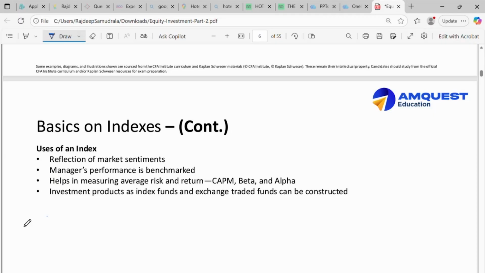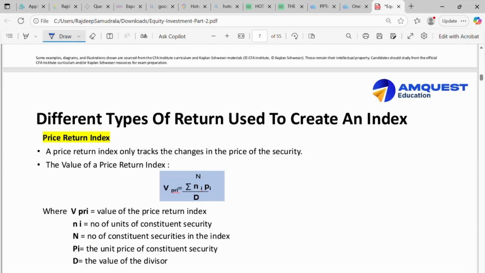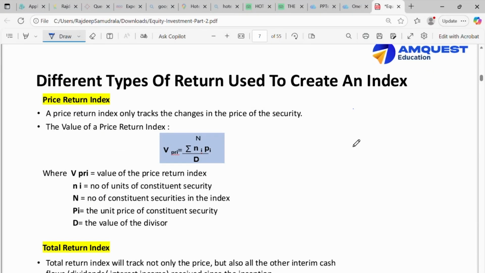Now if we move on, so we've done the index. Can you hear me? In a price return index, we are only tracking the changes in the price of the security. So a price return index will track the changes in price, and therefore the index is valued in this manner, divided by the divisor value.